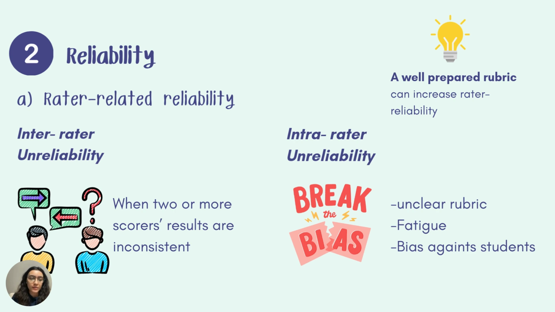And biases. So this is, I think, one of the biggest issues. If you see the name of your student on the paper, you will be biased. So the best way to deal with that is covering the name. A well-prepared rubric can increase rater reliability. That's a tip for us. And also another tip, as I mentioned, is to cover the names of the students.